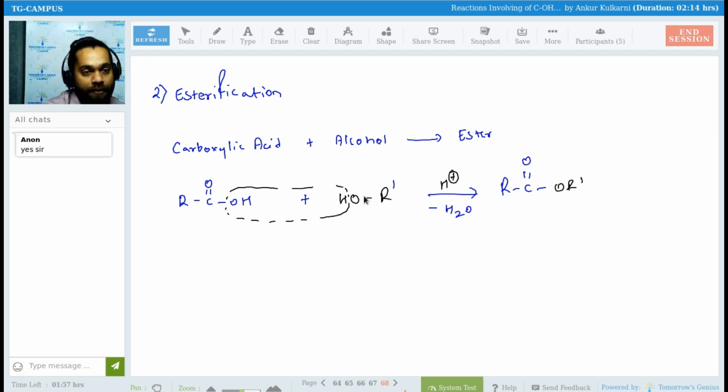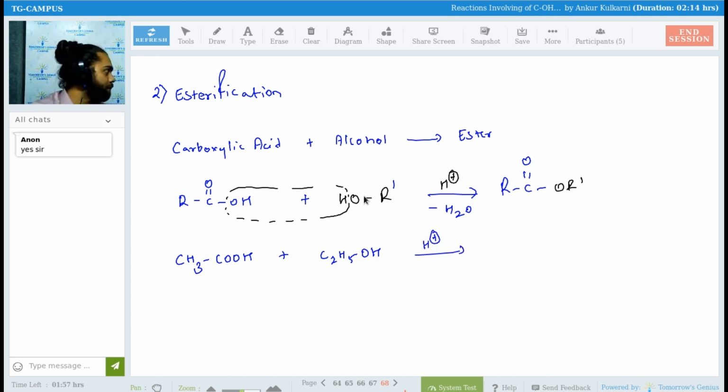Now suppose I have CH3COOH and I am reacting it with, let us say, C2H5OH. Come on, tell me what will be the product. Tell me the IUPAC name of the product.